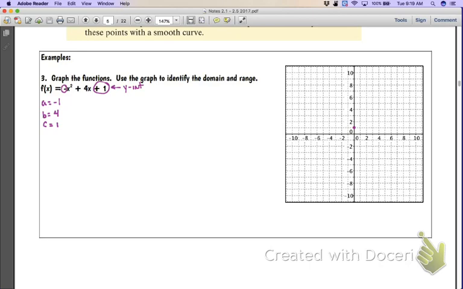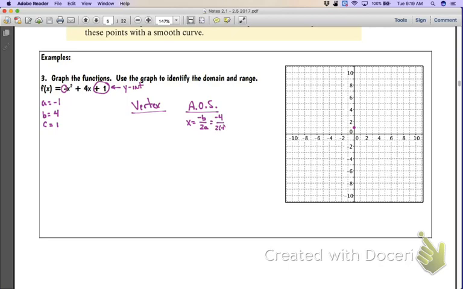So from there, I need to find my vertex and my axis of symmetry, basically that imaginary line that's going to run through. The axis of symmetry, remember, is your x value, which is the opposite of b over 2a. So what's the opposite of 4? -4, divided by 2 times -1.